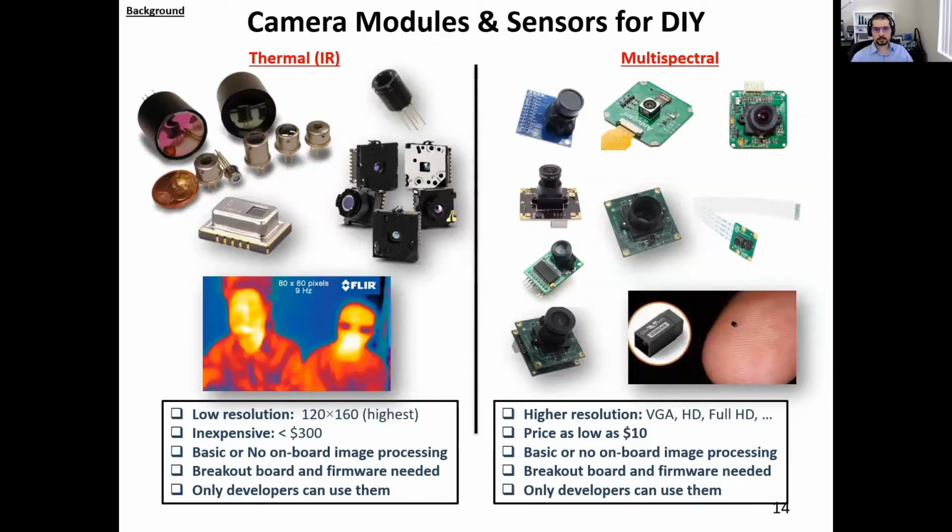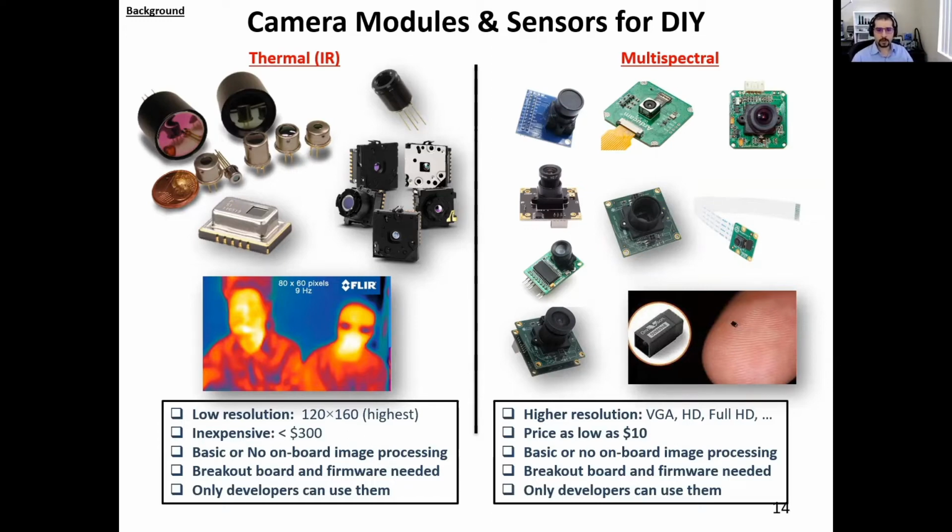Multispectral camera modules usually have a bit higher resolution. And here, when I say multispectral, actually the majority of these modules that you will see in the market are RGB. They don't have an NIR band. And if you want that, you need to do some modifications.